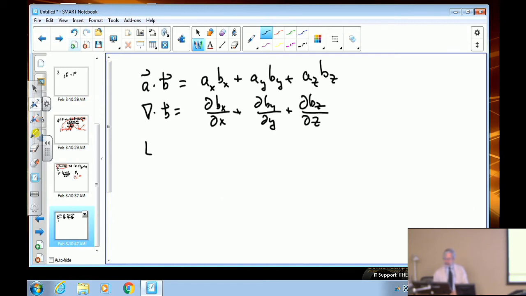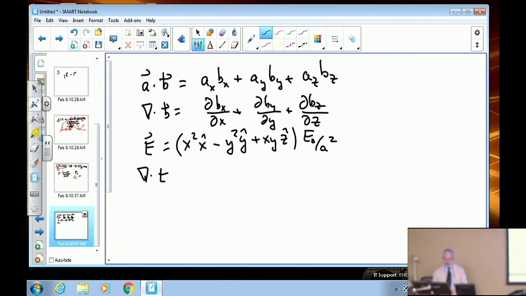Okay? So in this case, the electric field was x squared x hat minus y squared y hat plus xyz hat, and then multiplied by some constants that just go along for the ride. The divergence then of this. So I'm going to pull out the e naught over a squared.